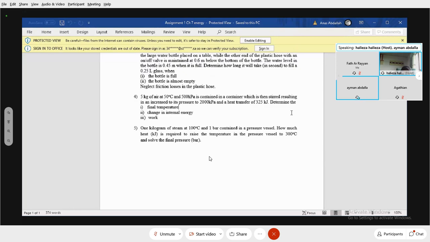You have the pressure, you have the volume. The volume is constant, actually. So if the volume is constant, that means that cancels off, isn't it? Yes. So delta V becomes zero.